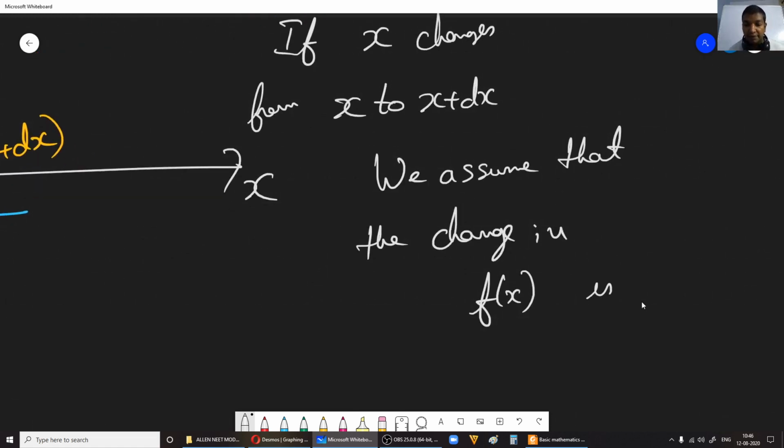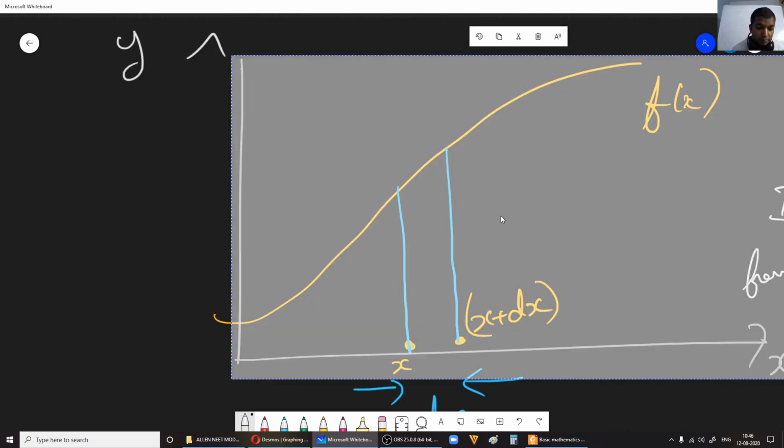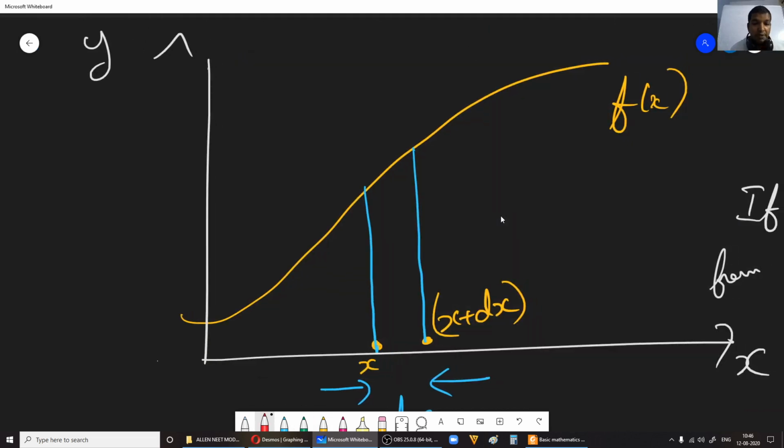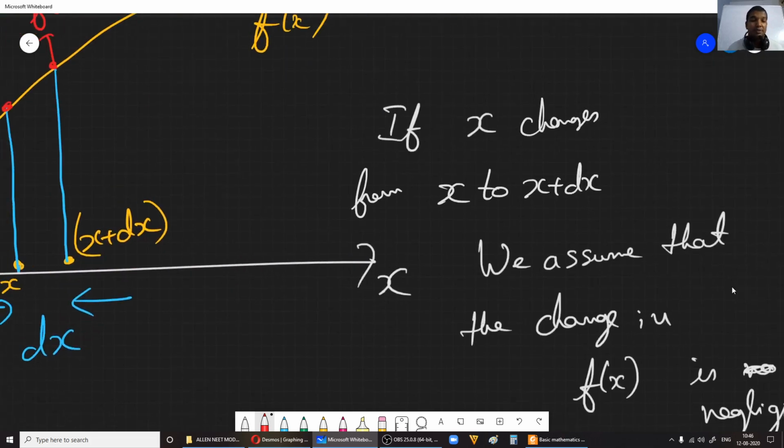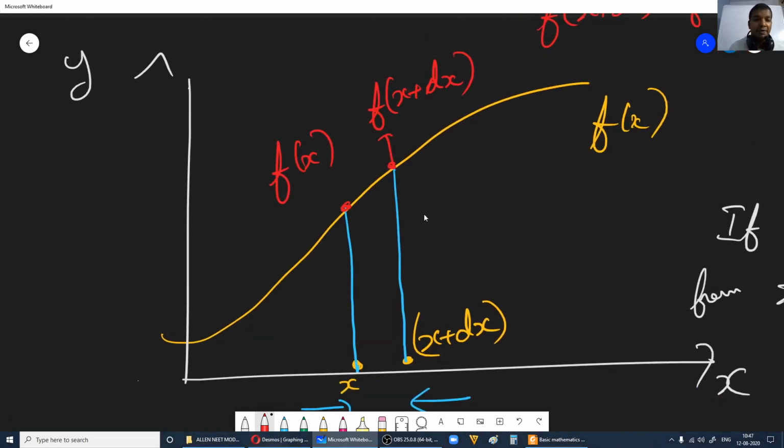So when x, this point you can consider as f of x, and this point is actually f of x plus dx. The change in f of x is negligible. If I ask what is the change, it is f of x plus dx minus f of x. This change is negligible, meaning you will approximately equate it to 0.